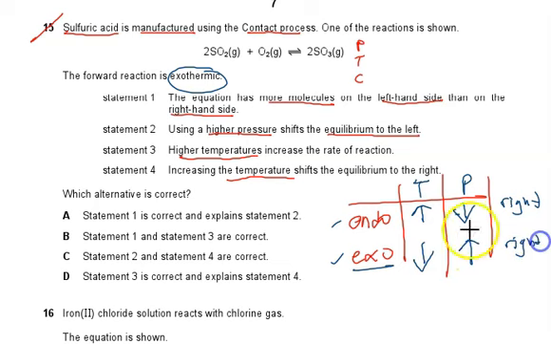So if you look at all the statements, increasing pressure shifts the equilibrium to the right. This is exothermic, so which is not right. Okay. Now look at number 2. Higher pressure shifts the equilibrium to the left, so which is not right. So this is also wrong. Statements 2 and 4 are wrong.